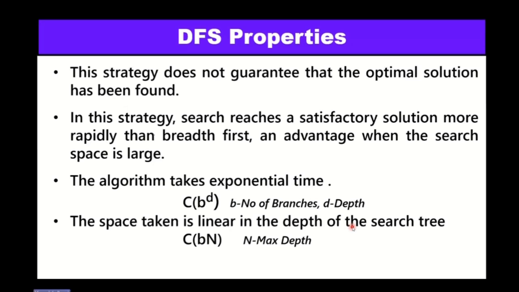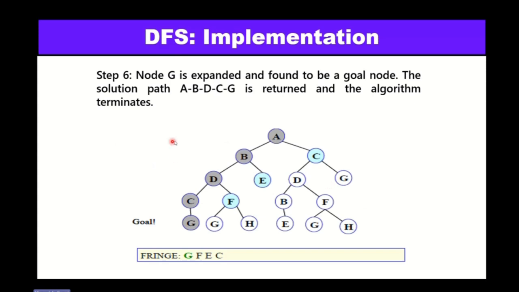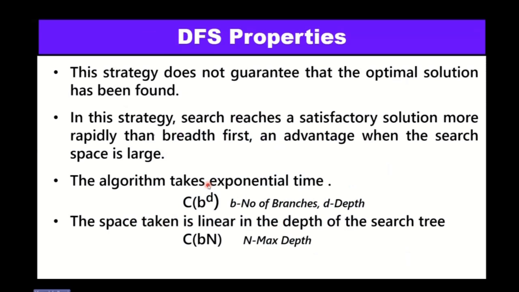Multiplication will be giving you space. Simply this, how much is the space of this array? So this is depth, and these are branches. This defines the space. Similarly, time, that means how much time is required? Exponential time.